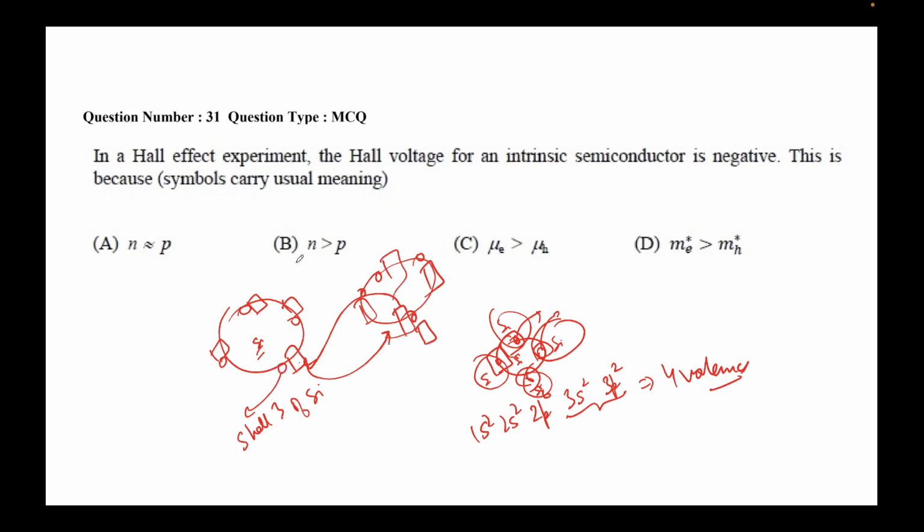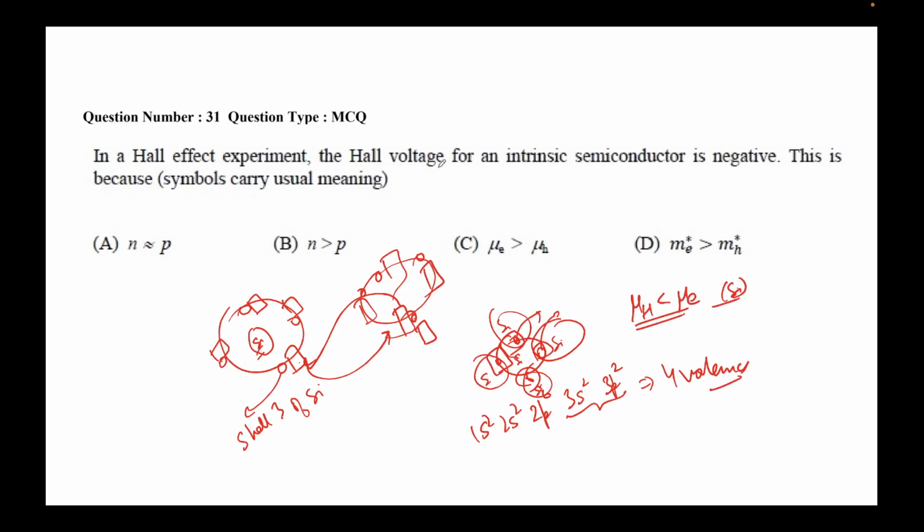It's easier for an electron to find energy to leave the electric field of the silicon nucleus, because a hole involves a two-step process: the electron has to leave and come here, whereas here the electron just has to leave. That's why typically we have mobility of holes less than mobility of electrons. Typically, especially in silicon, this is true. That's why we have that.